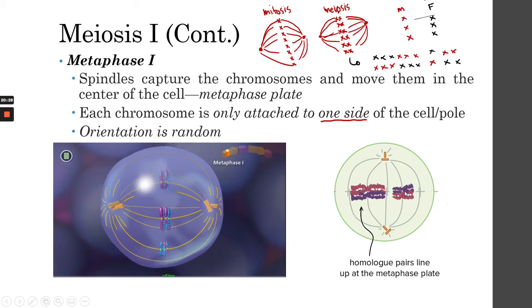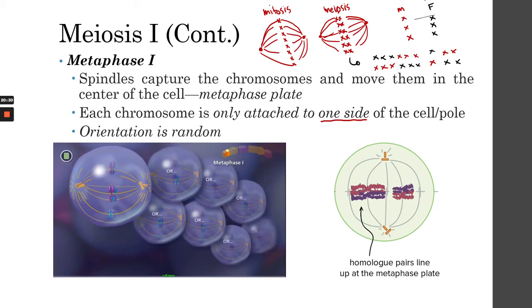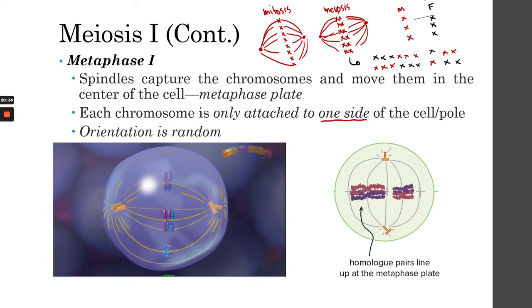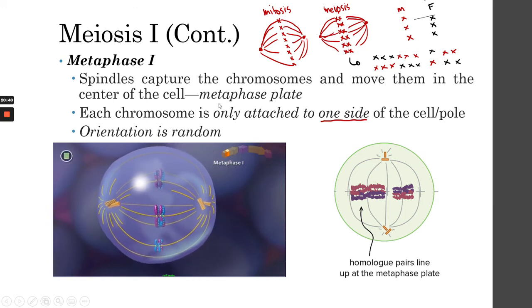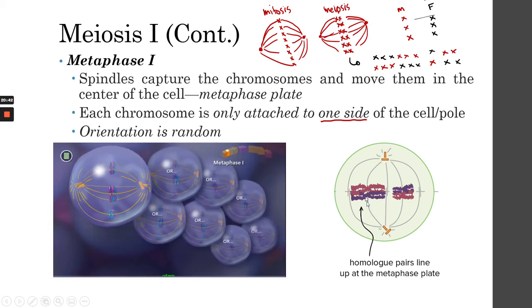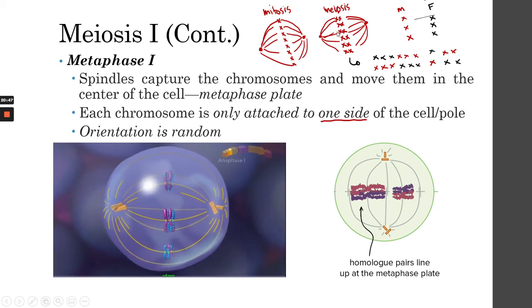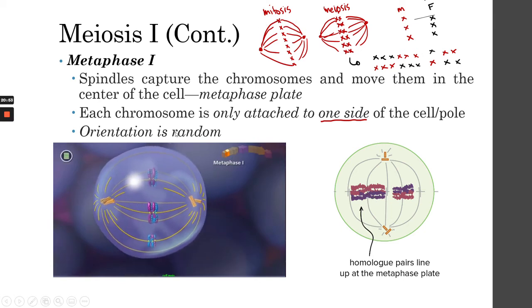I hope that is clear on what is happening in metaphase. So just a summary of metaphase I: very similarly, after the centrosomes attach onto the chromosomes, they line up on the metaphase plate. But since we are lining up homologous pairs, only one chromosome is attached on one side, unlike in mitosis. And the orientation of these homologous pairs is random.